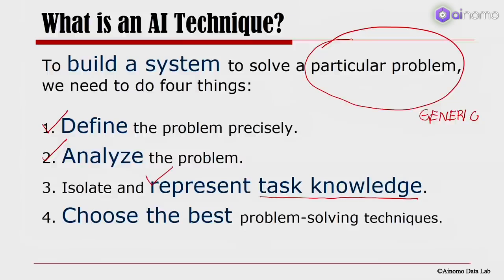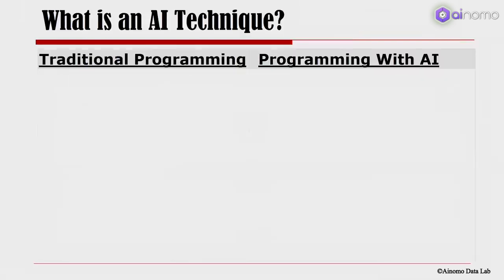The onus is now to choose the best problem solving technique. It is therefore important for us to realize what is the basic difference between traditional programming and programming with artificial intelligence, or programming that tries to create AI systems.